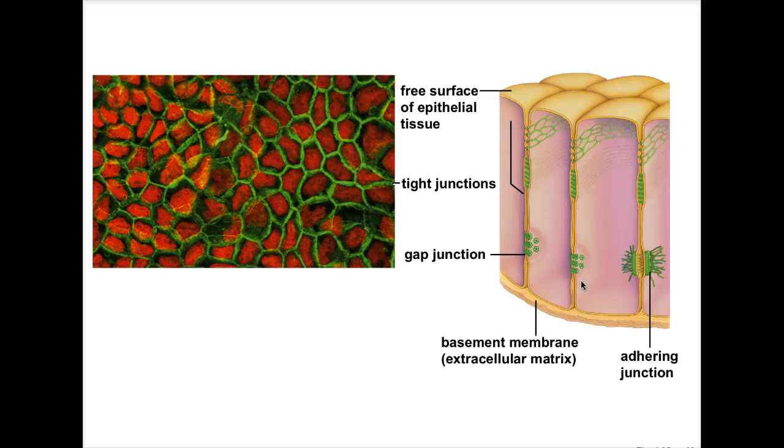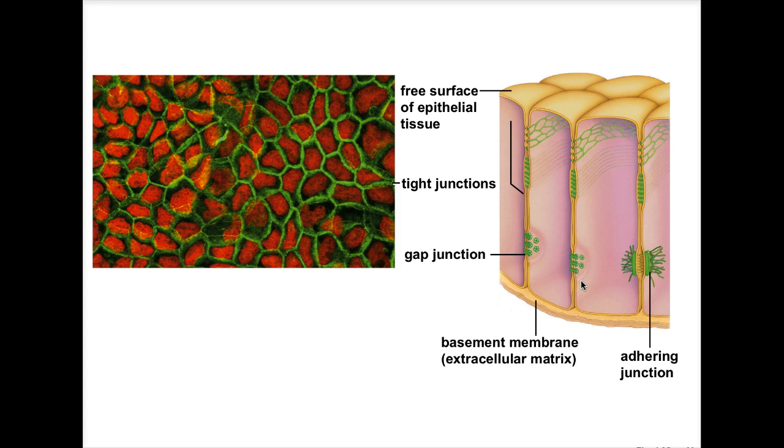In animal cells, you also have cell-to-cell junctions. Some of these cell-to-cell junctions are seen here on the left: tight junctions. And tight junctions, just like they sound, are very tight. They help hold cells together into tissue layers, and they prevent fluids from moving between the layers.